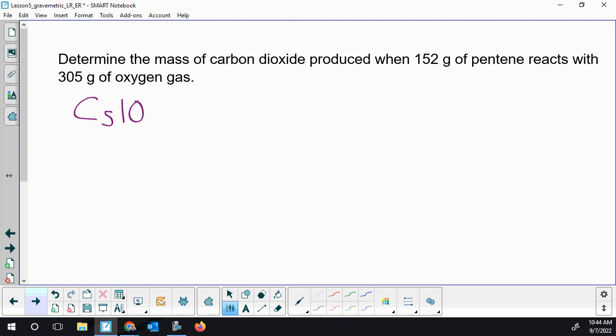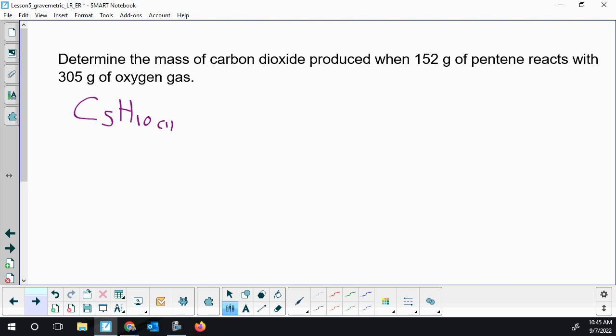It's not till grade 12 that you have to know what the pentene formula is. It's C5H10. Anytime you have an ene, the hydrogen is double the carbon. So that's where the formula is coming from. Pent always means 5, but you knew that. You know a pentagon, a hexagon, an octagon.